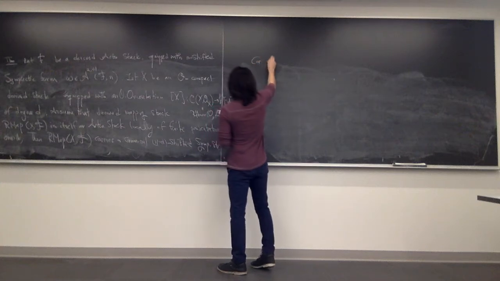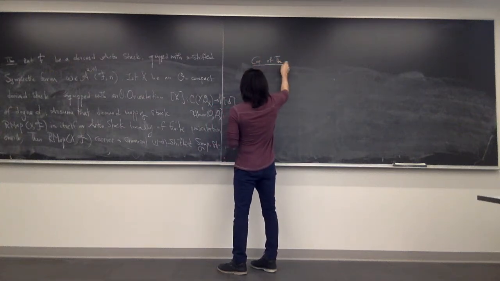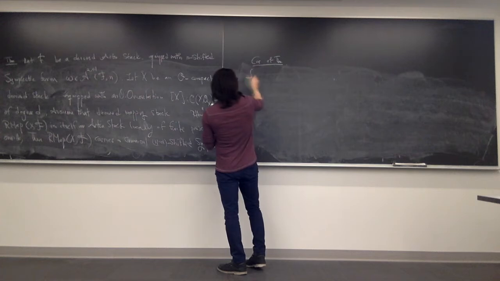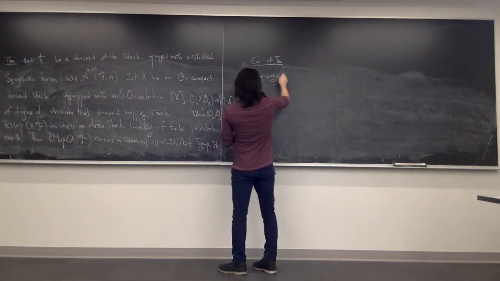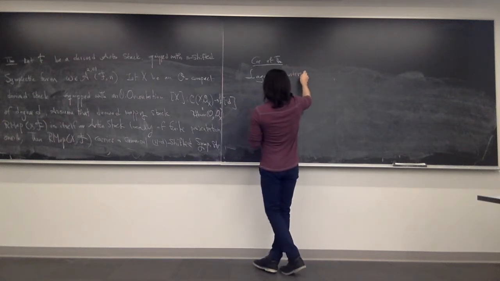So corollary of the theorem. This is, for instance, Lagrangian intersections.